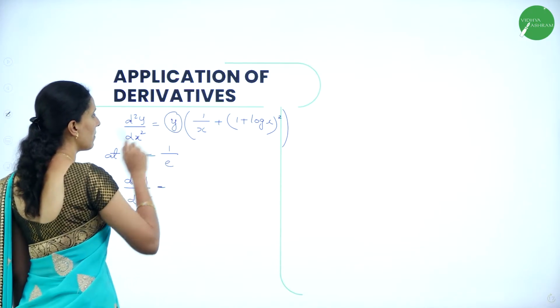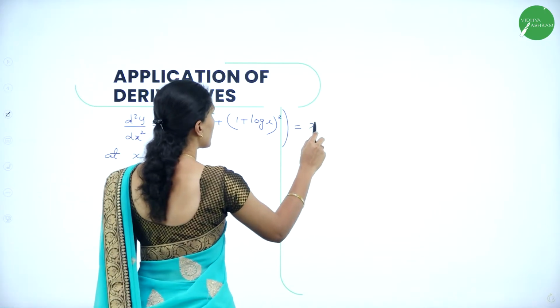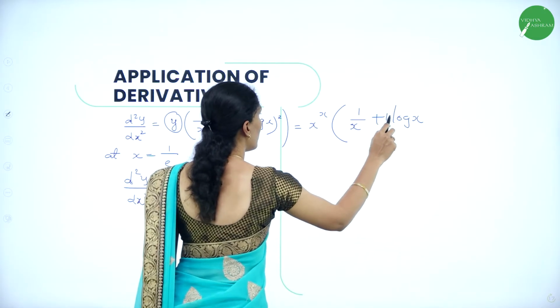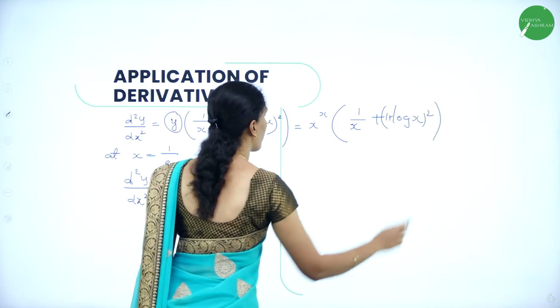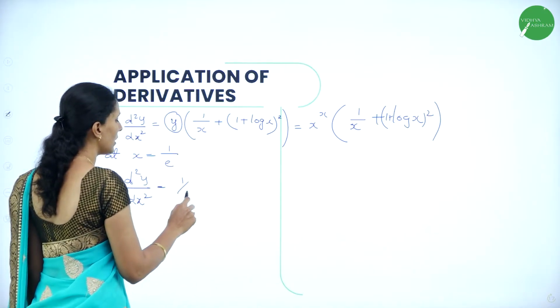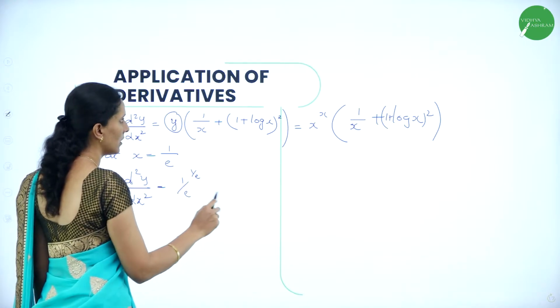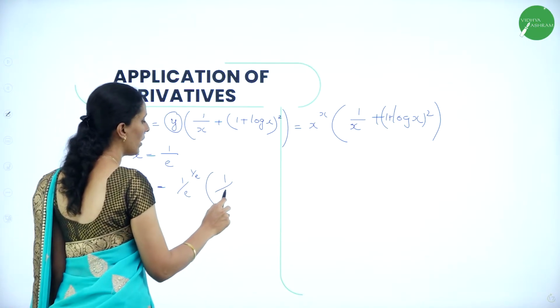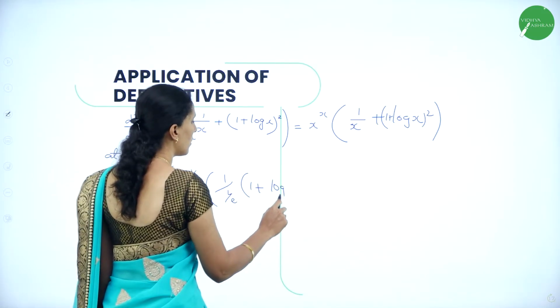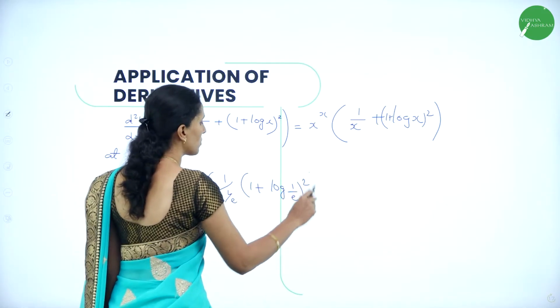So here y can be replaced with x power x into 1 by x plus 1 plus log x whole square. So therefore d square y by dx square is 1 by e to the power 1 by e, and here it is 1 over 1 by e into 1 plus log 1 by e whole square.